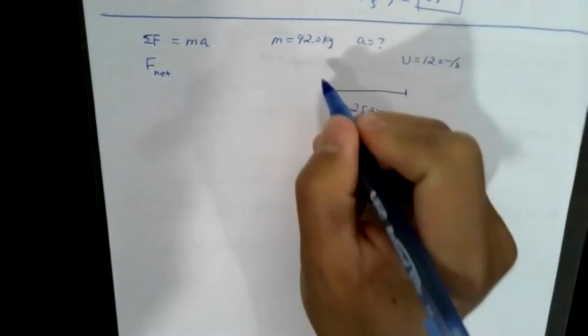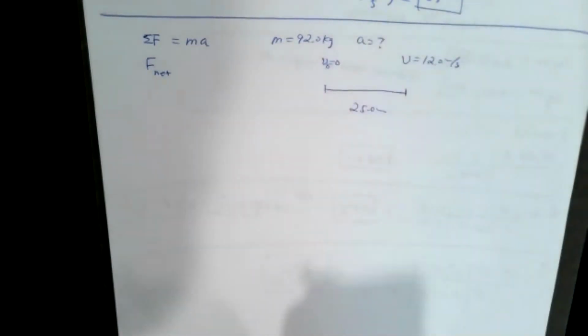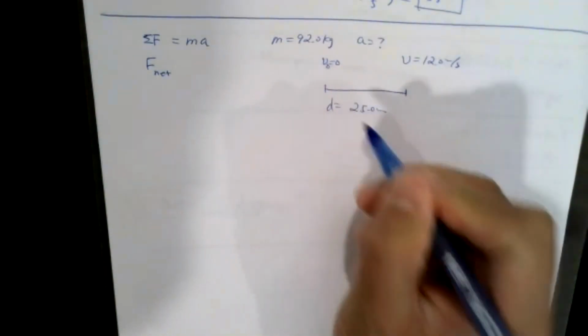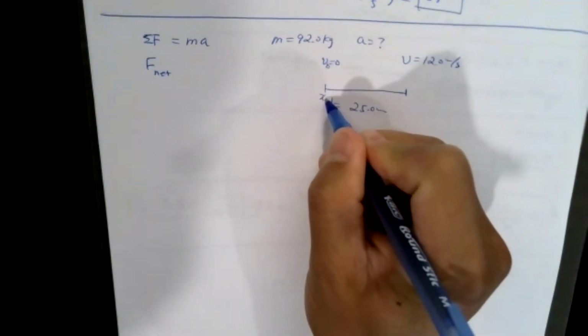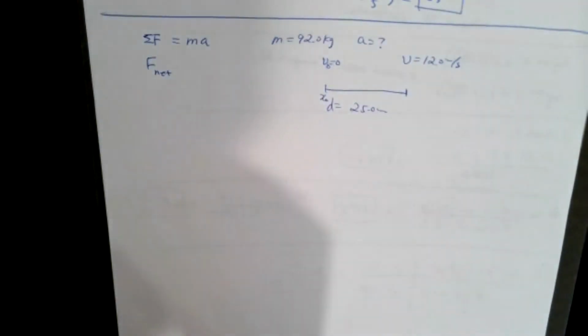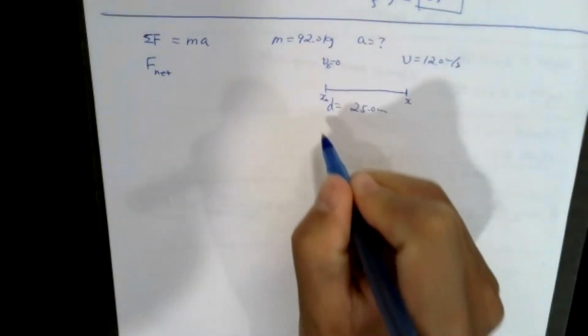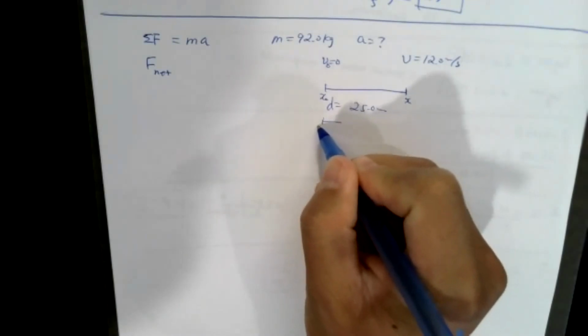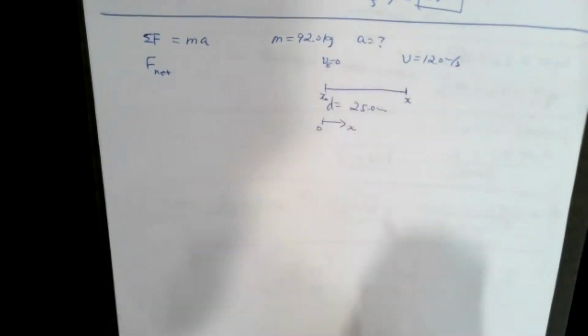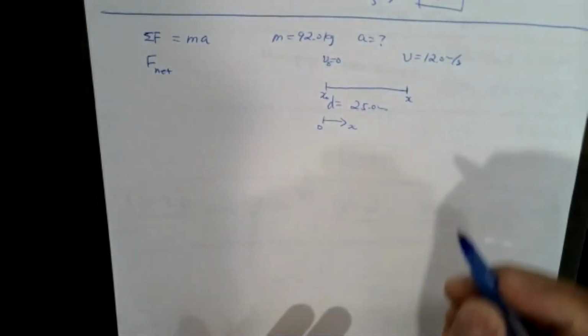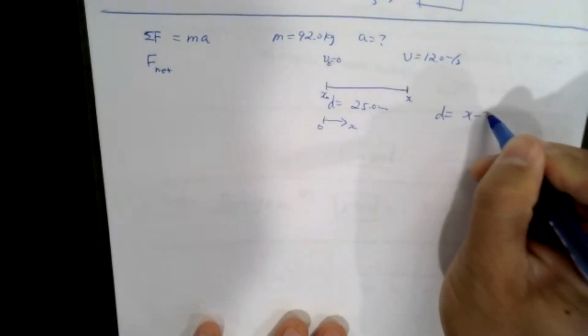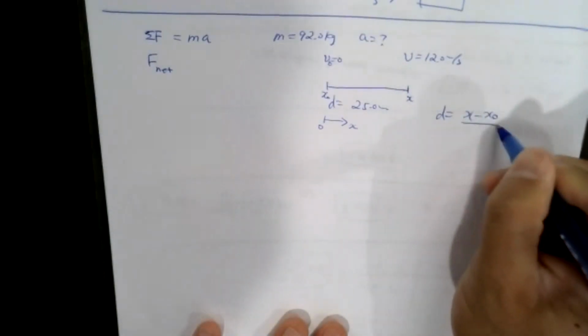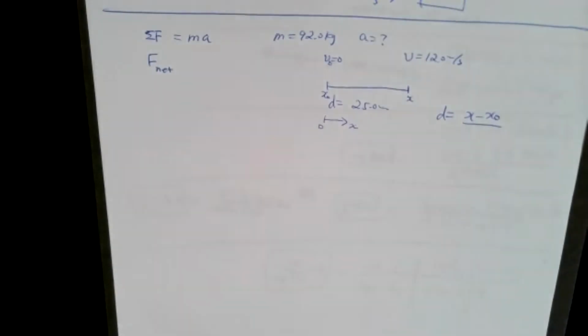That's the final velocity, and the initial velocity should be 0. This is the distance traveled. If you put the original position as x naught and the final as x, you can set your origin at the initial position, so then d will be equal to x minus x naught, and x minus x naught is 25.